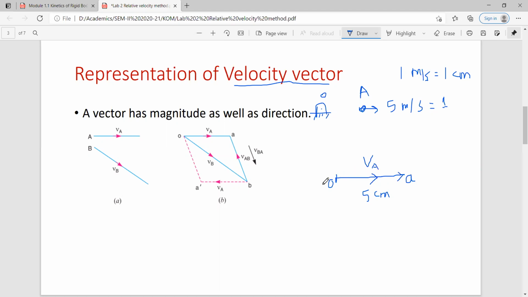The initial point of the vector shows that reference point. So velocity of point A with respect to O. Are you getting this label, this notation?